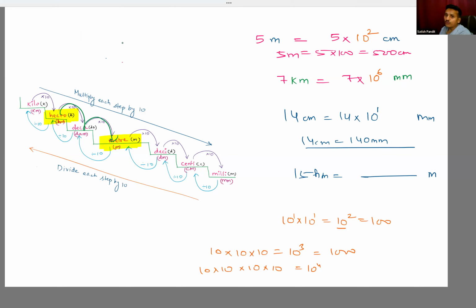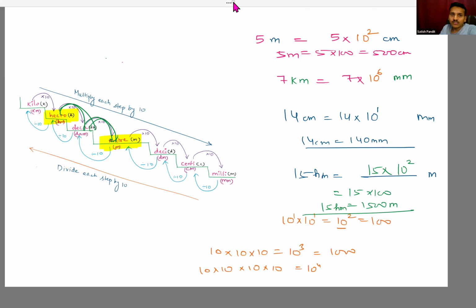I told you for two jumps, put 10 to the power 2 because you have to do 10 into 10, right? Whenever we are going down, we have to do 10 into 10. 10 into 10 means 100, or 10 to the power 2. And 15 is a constant. So 15 into 10 to the power 2. Yes or no, everyone? And 15 into 10 to the power 2 means 15 into 100. That means 1500 meter. So 15 hectometer is 1500 meters. Yes, very nice.